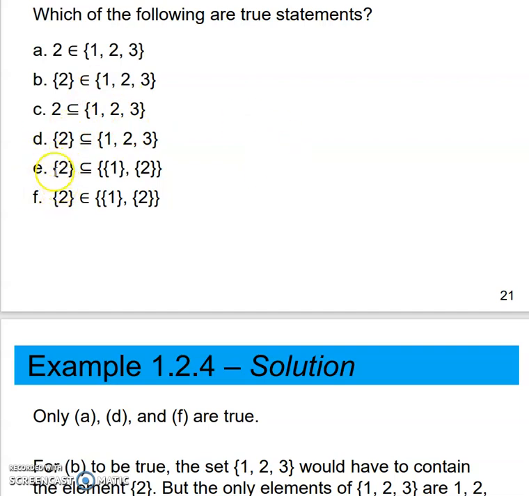E is where it's getting tricky. I've got 2 with curly brackets, the subset sign, and I've got a set on the right, but each one of those, you'll notice, then also has curly brackets around it. Really the difference between E and F is that E has the subset symbol, but F has the element of. And as you can see, F is the true statement.